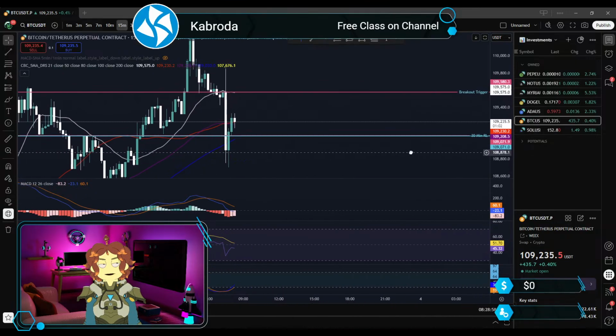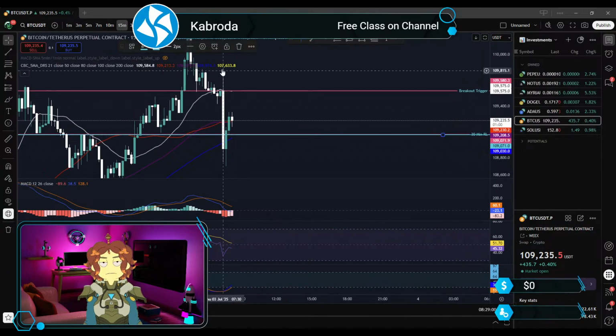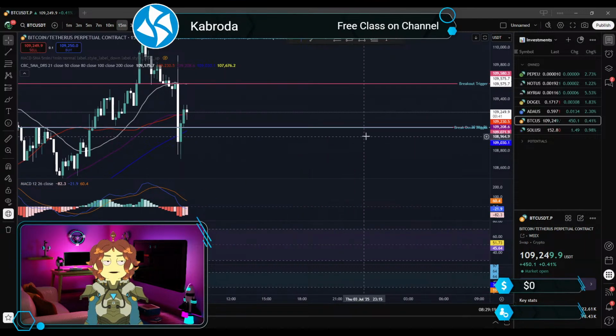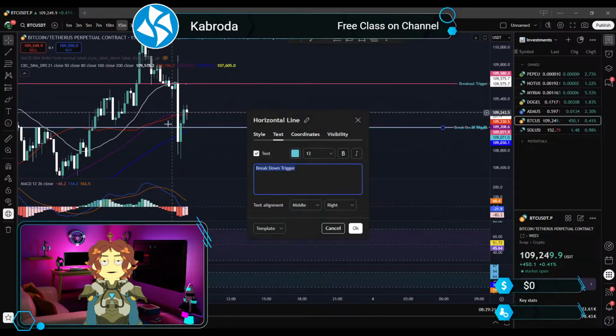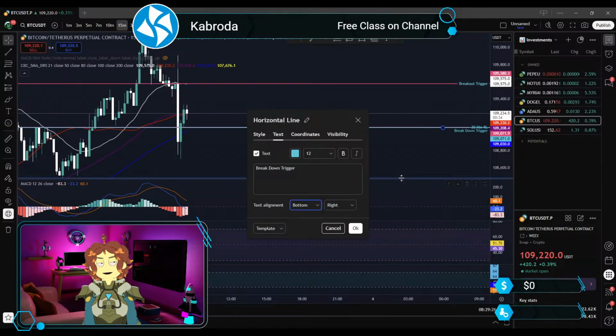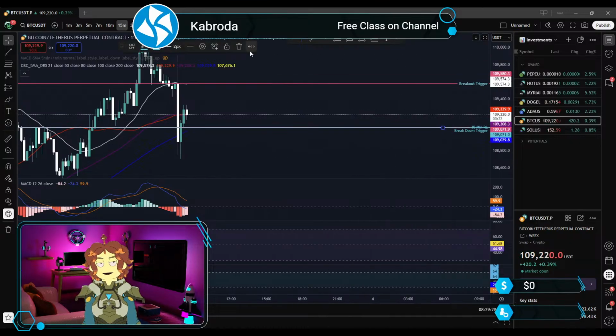I'm going to leave that one there, but we'll put a text on it: breakdown trigger, in red. And then I'm going to make this one go on the bottom and this in here.